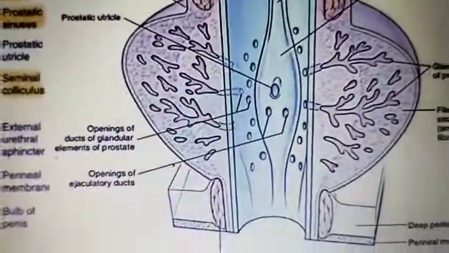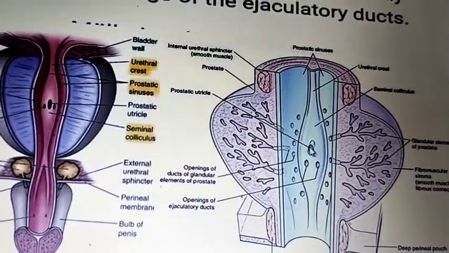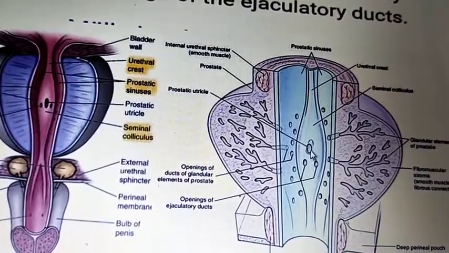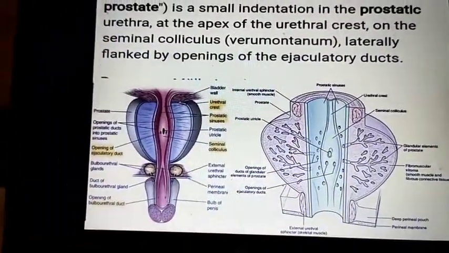You can see this apex, this one bigger opening, is the prostatic utricle. Okay, you can go for the next.